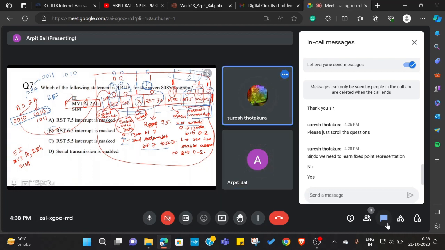Yeah. Remembering the registers and the register flags is important. Once you remember the registers, any kind of problem related to SIM, or there was another one, flags, will be resolved.